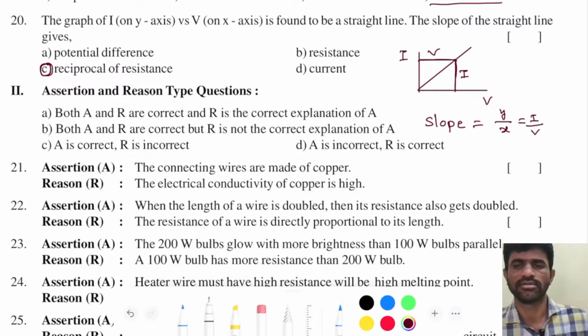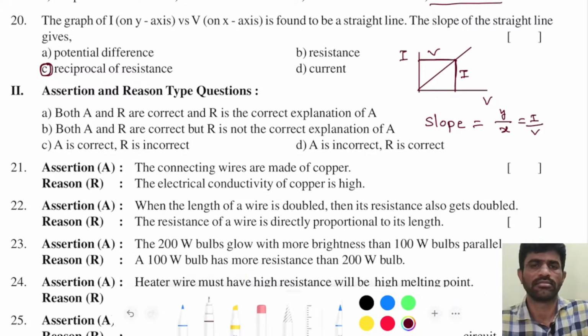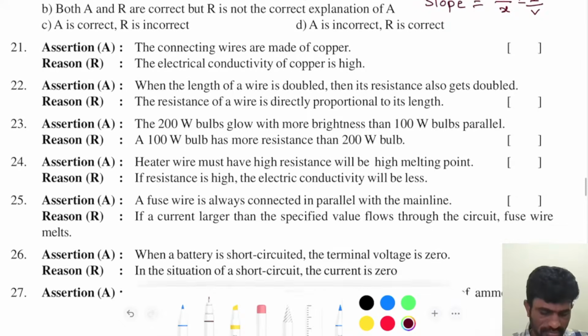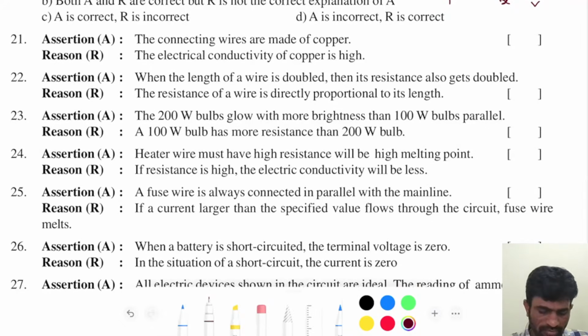Hope you understood all these questions. Now some assertion and reasoning questions are there. The first question: the connecting wires are made up of copper.